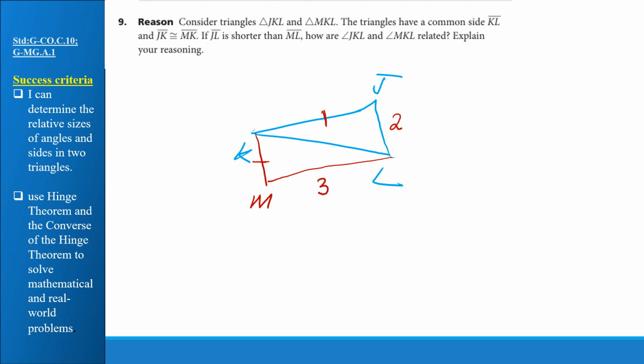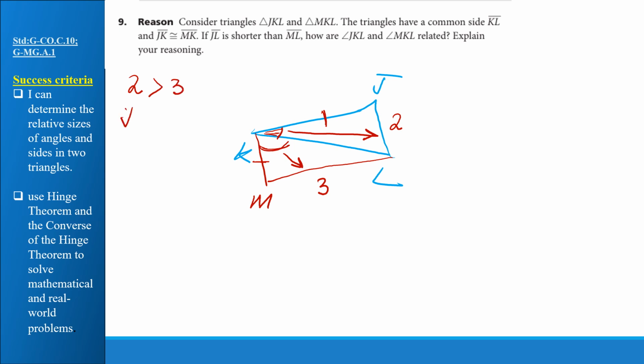How are angle JKL, like this angle, and angle MKL, that means this angle, related with each other? So first of all, check what is the scenario. The side is 2 and the opposite side is 3. We can say that 2 is smaller than 3.